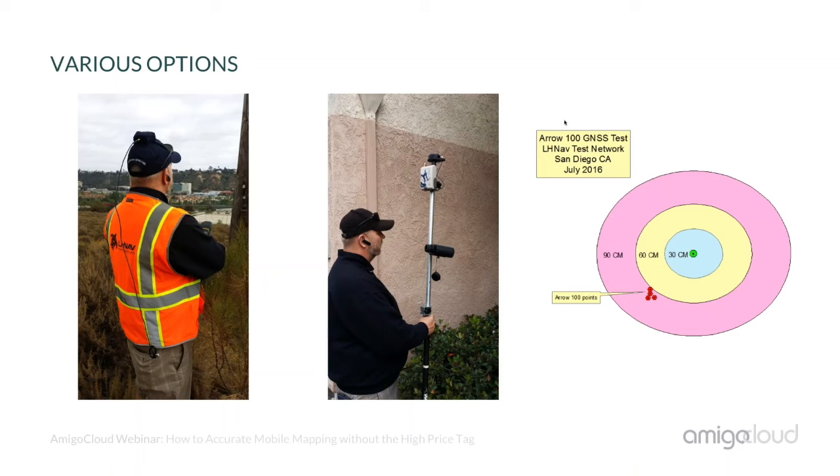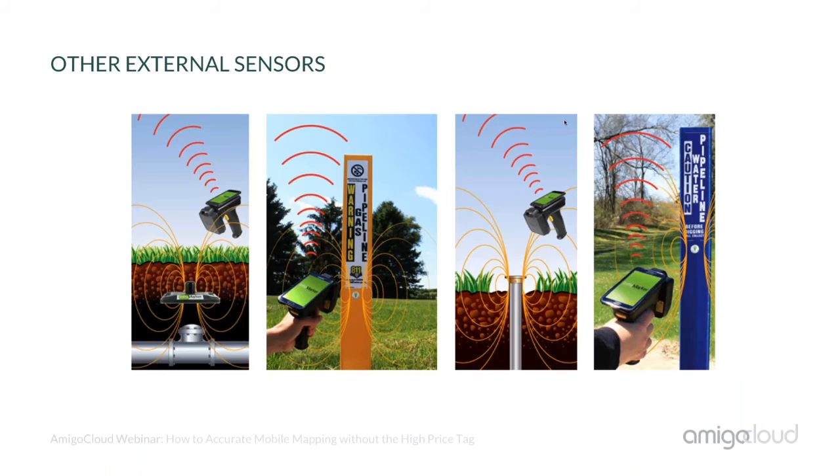So there's different units. Here Brian is doing a test of accuracy with some of the devices in their office in San Diego, and he's getting 90 centimeter accuracy with some of the bolts and stuff. That's the Arrow 100.